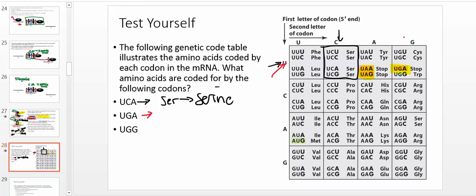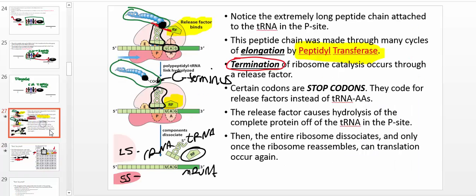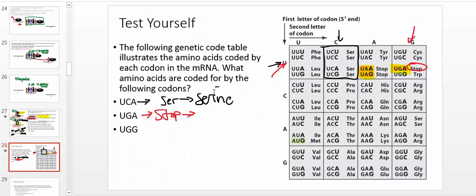Well, here's U, here's G, and then UGA, notice, is a stop codon. UGA is a stop codon, and so it codes for, if we go back to this slide, a release factor, okay? And not only would UGA do that, but also UAA and UAG, okay?